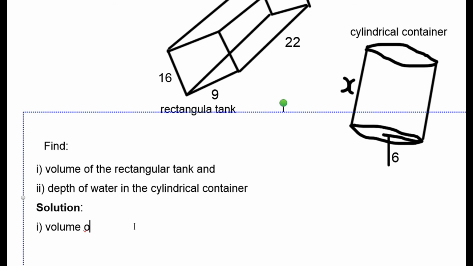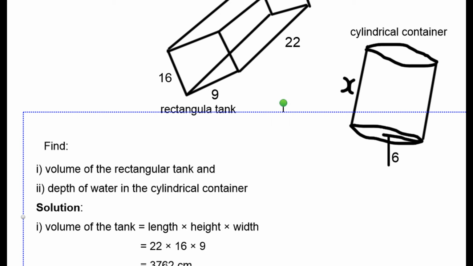The volume of the tank is the length times the height times the width, which is equal to 22 times 16 times 9, which is equal to what? 3762 cm cubed.